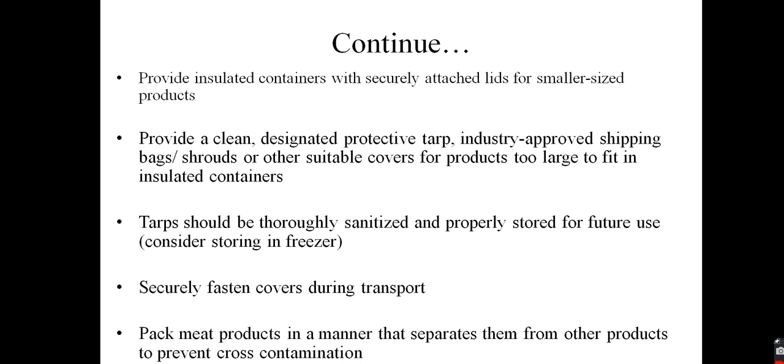Securely fasten the cover during transportation and pack the meat product in a manner that keeps it separate from each other product to avoid cross-contamination. You must also use separate containers for raw, cooked, and ready to eat meat. These are the three main products which are transported.